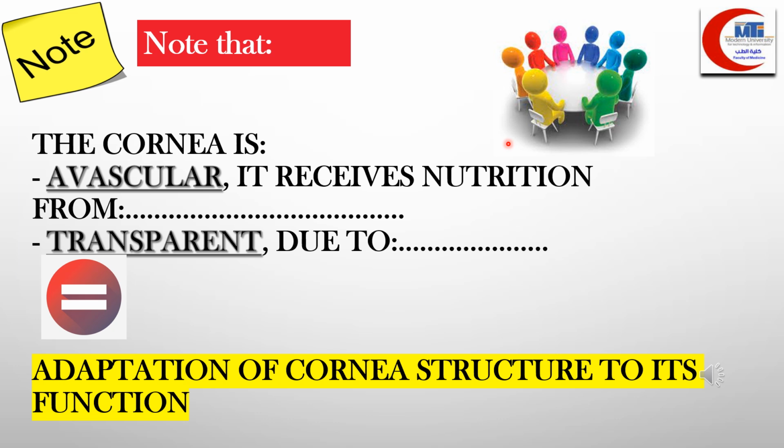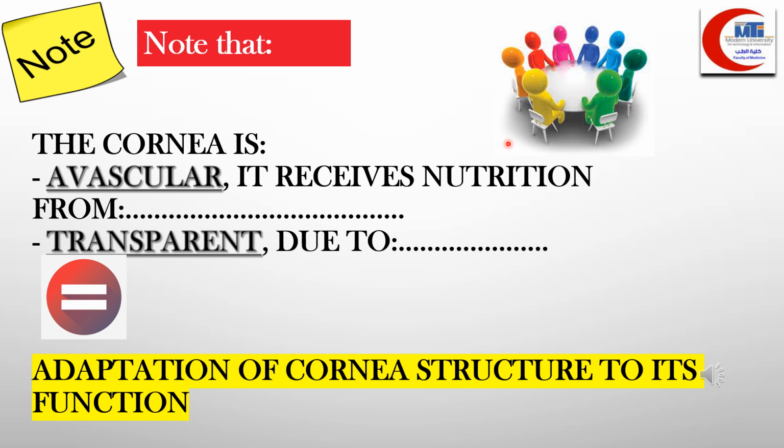The cornea is transparent. Why is the cornea transparent? The transparency of the cornea is related to its structure. It is avascular. No blood vessels are present in its structure, so it is transparent. Also, the regular arrangement of its cells and fibers.